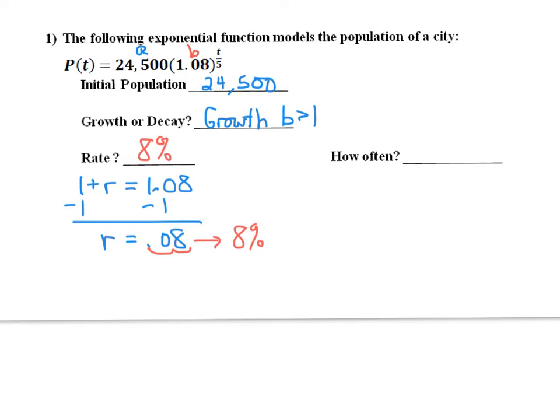So in this case, we see that we have a growth rate of 8%, and that divided by 5 tells me that it's going to be 8% every 5 years. So my population will grow by a factor of 8% every 5 years.